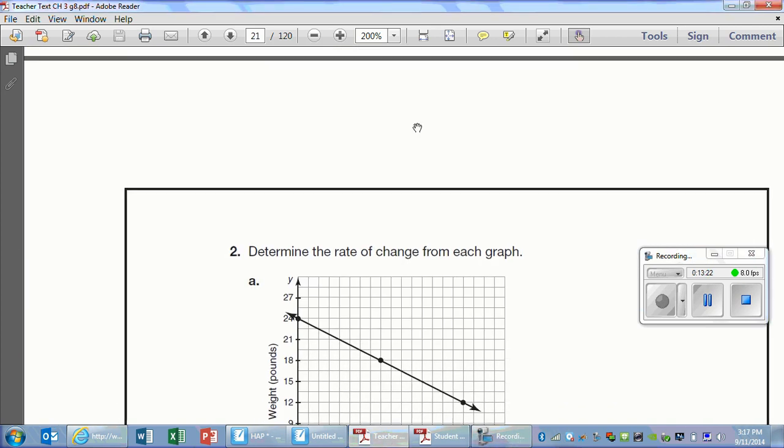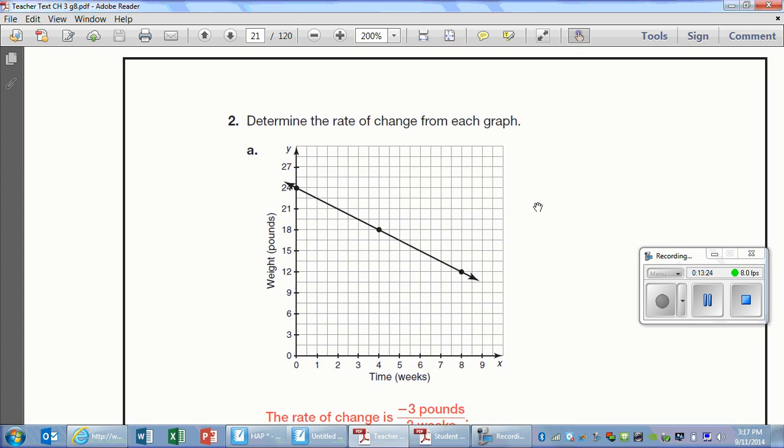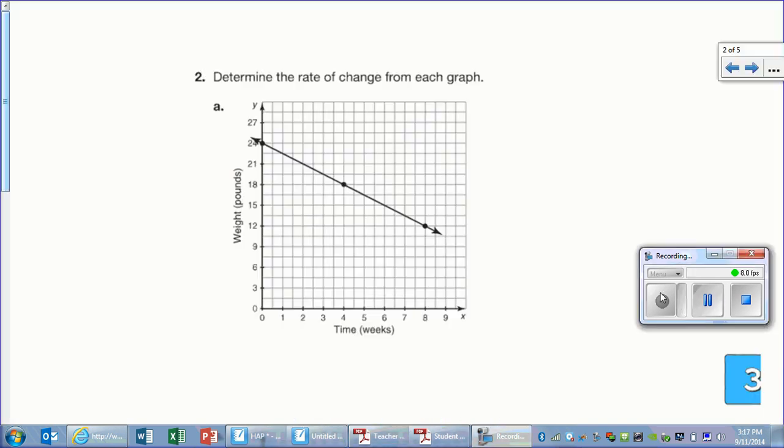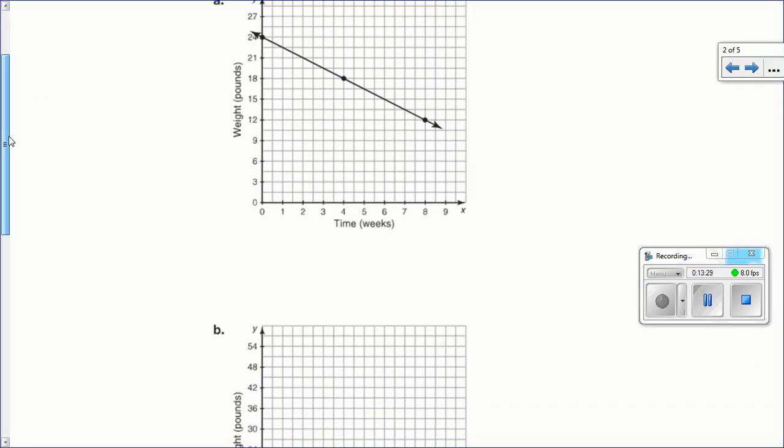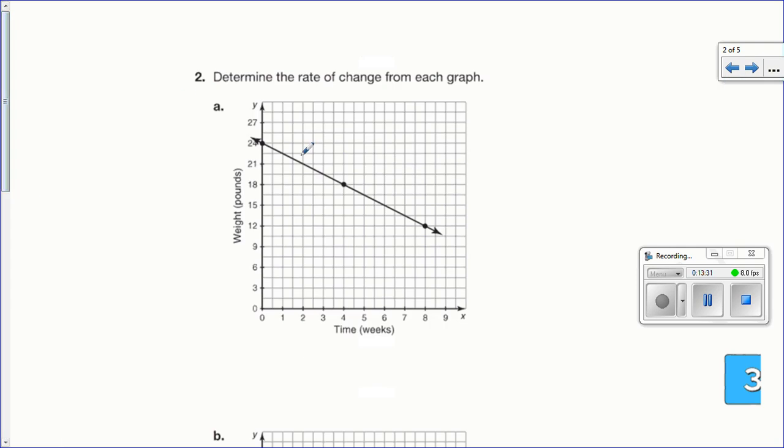Number 2. Determine the rate of change from each graph. All right, so we have A and B. Go ahead and at your table, find the rise or the fall. This one's going to be negative something over the run, fall down and run over.